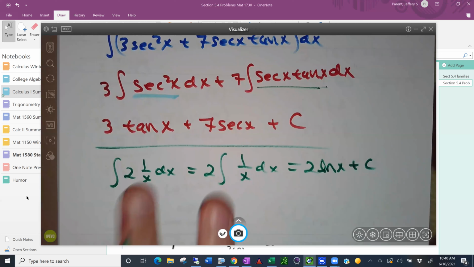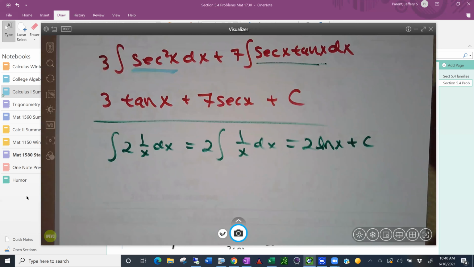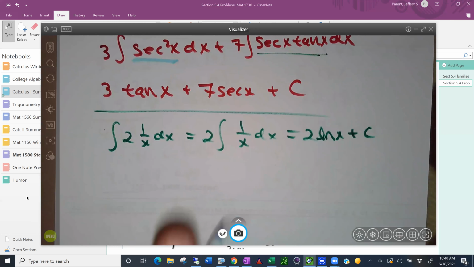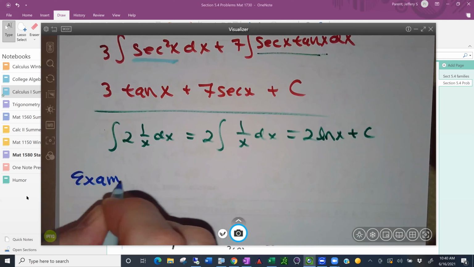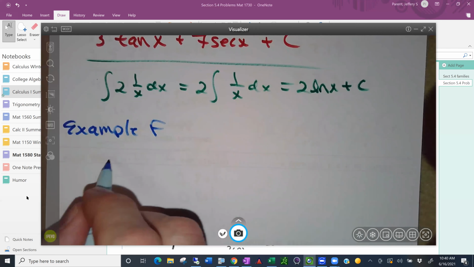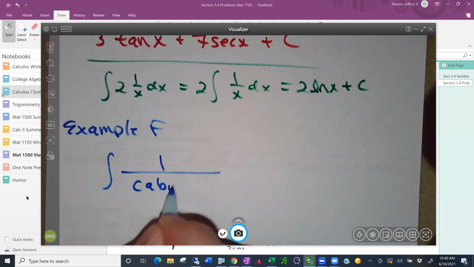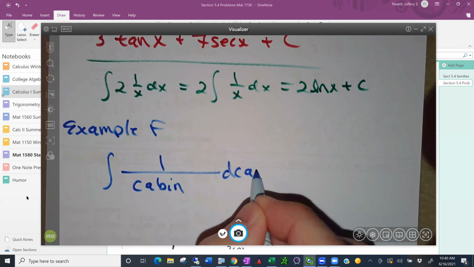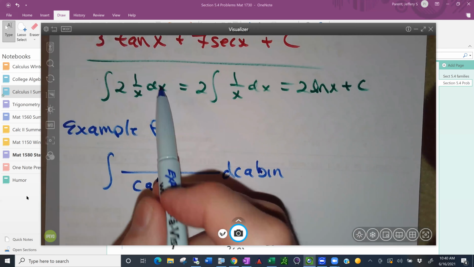We're going to build on this a little bit to construct a houseboat. So it's going to be kind of this general form. So I'll call this example F. And I'm going to integrate 1 over cabin d cabin. So kind of like up here, this and this matched.